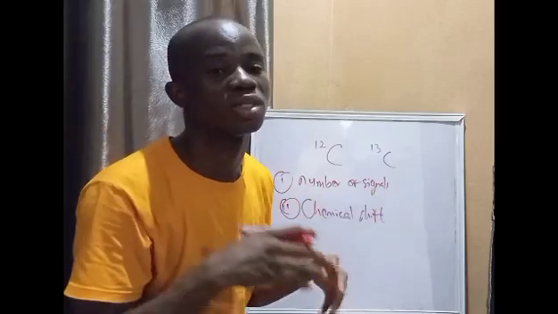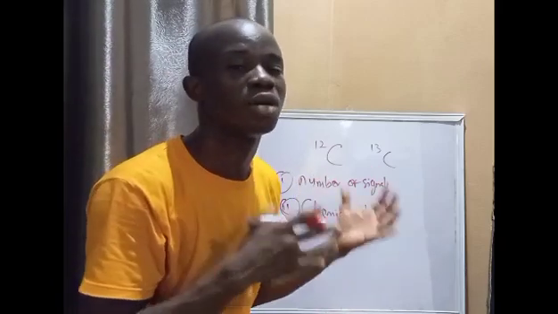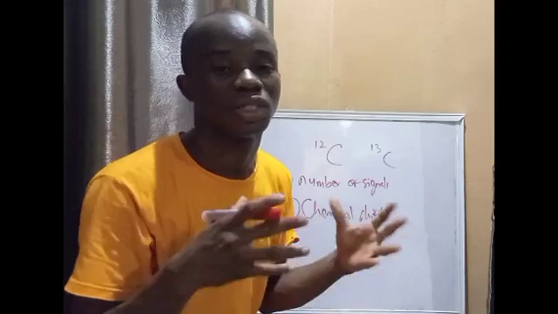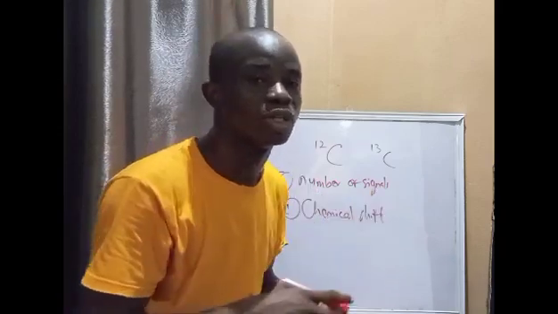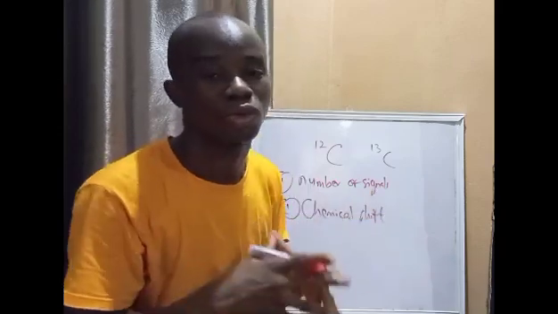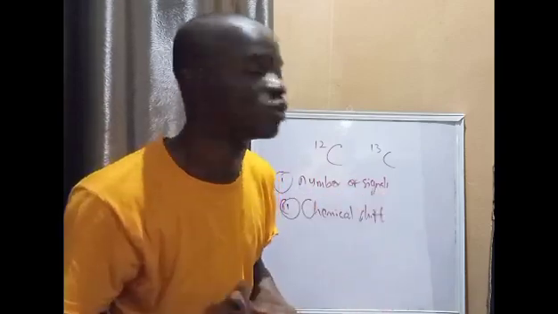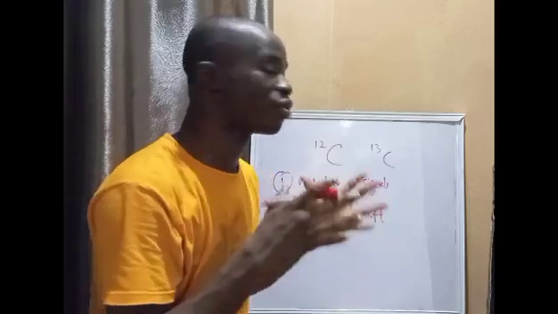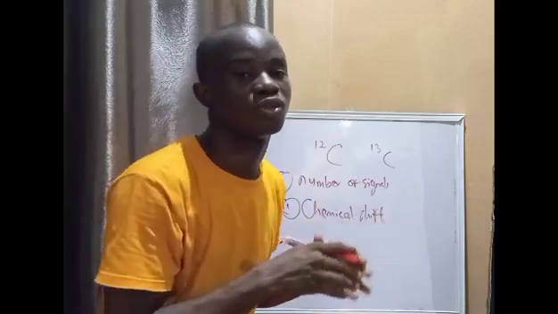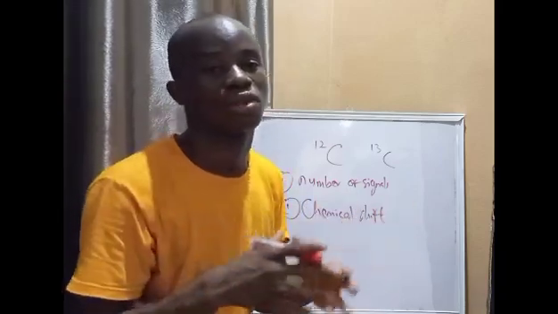So like I said, chemical shift gives us an indication of the chemical environment of the different kinds of protons that are producing the different signals in an NMR spectrum. I've given a few chemical shift values for some particular protons.